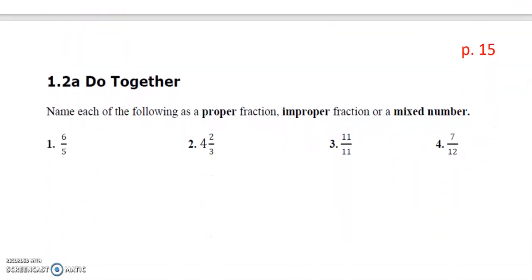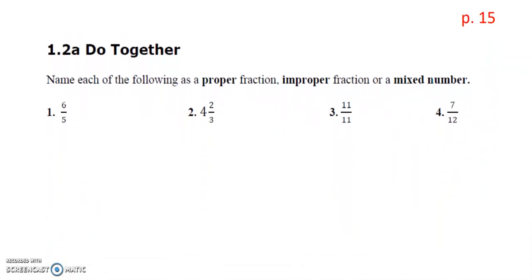So we're going to do some of the questions together for 1.2a on page 15. We're going to name these as proper, improper, or mixed. Number 1, we see our numerator is greater than our denominator, so this is an improper fraction. Number 2, 4 2/3, we have a combination of a whole number and a proper fraction.